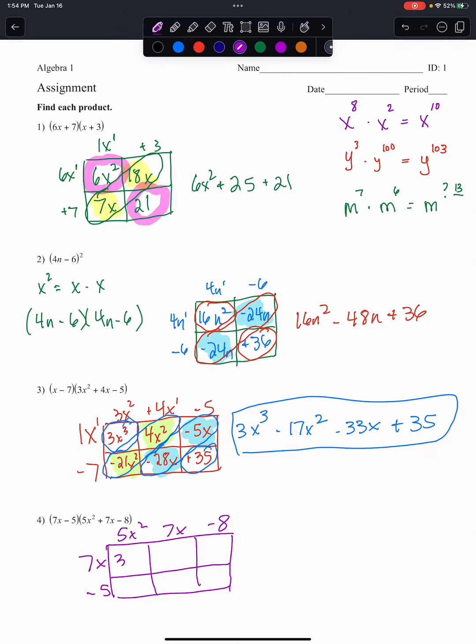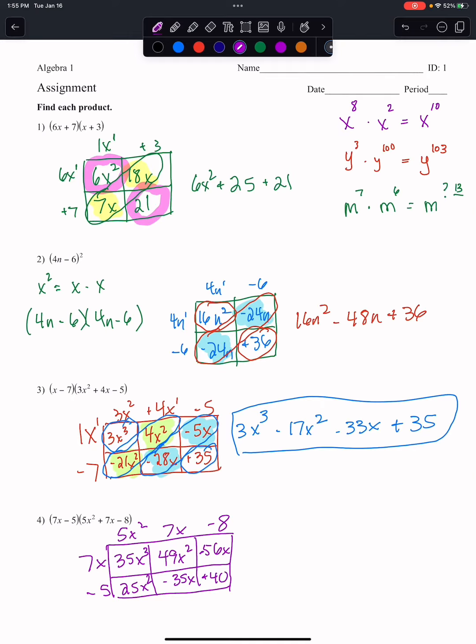This is going to be 35x cubed, 49x squared, 56, negative 56x. On the bottom row, it's going to be 25x squared, negative 5 times negative 5 times 7, negative 35x, negative 5 times negative 8, positive 40.